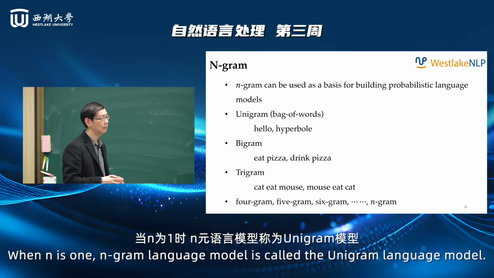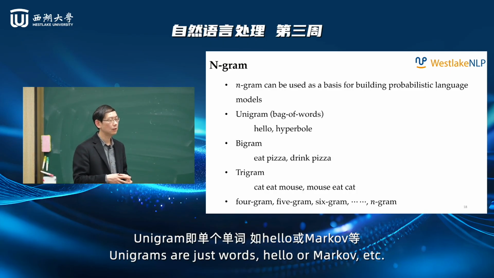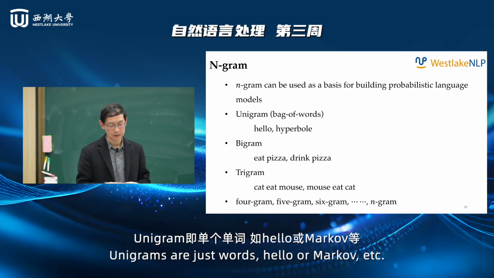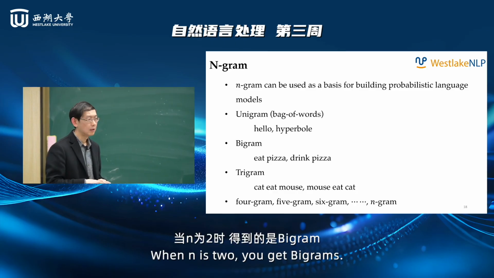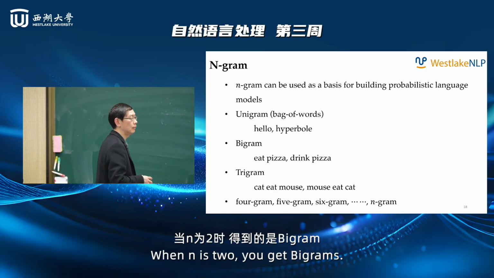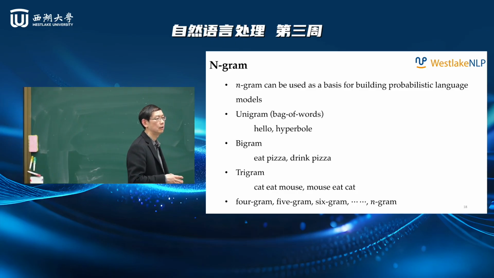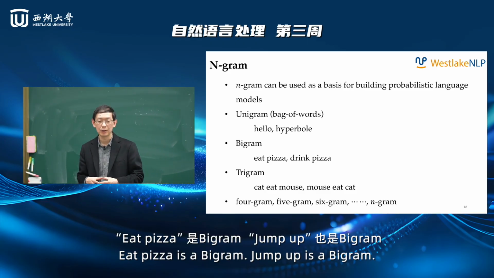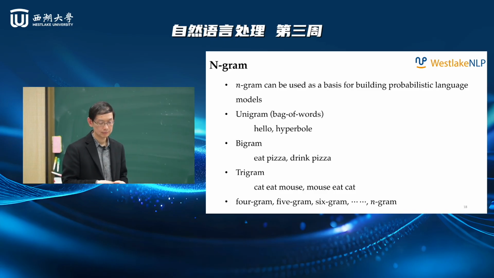When n is 1, the n-gram language model is called the unigram language model. So unigrams are just words, hello or Markov, etc. When n is 2, you get bigrams. Eat pizza is a bigram. Jump up is a bigram.